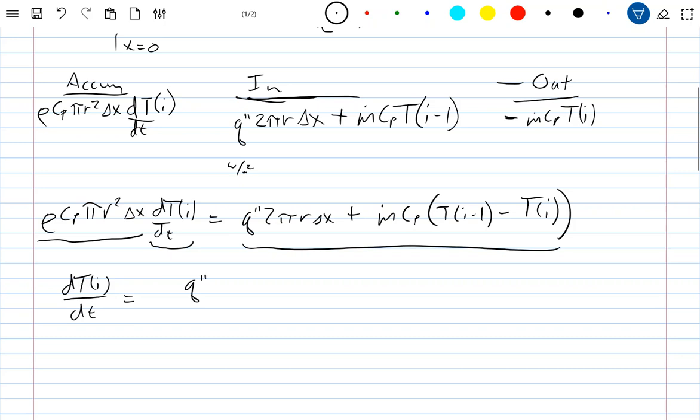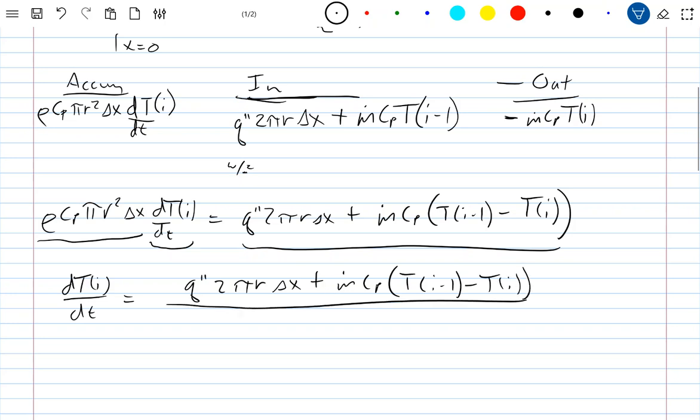So we would get q double prime times 2 pi r delta x plus m dot Cp times (Ti minus 1 minus Ti), divided by this numerator of rho Cp times pi r squared times delta x.